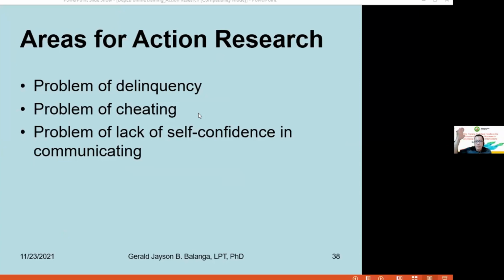Pero kasi yung sinasubmit ng students is hard copy. At hindi yan pwede ma-run sa Turnitin kung hard copy. Dapat soft copy siya. Kasi ina-upload sa Turnitin ang file to check whether there is a high amount of copy-paste or not. Then, of course, the problem of lack of self-confidence.